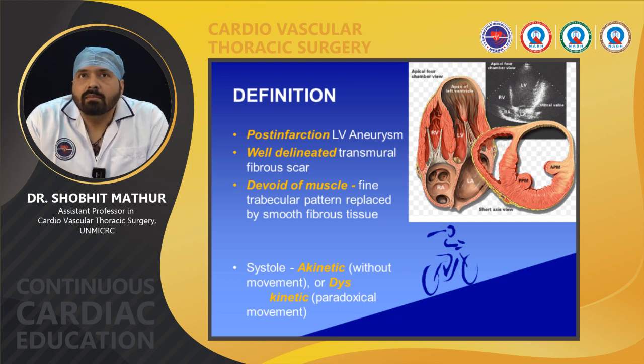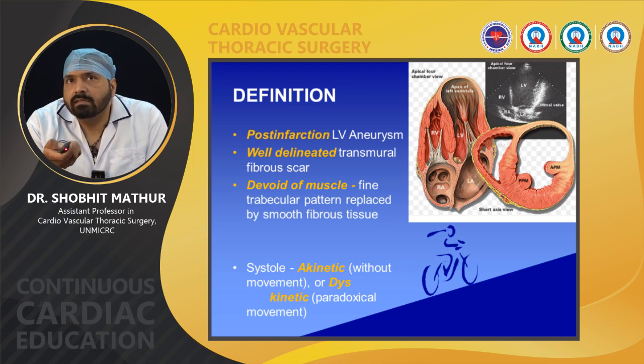I'm also putting up a diagram here, an image that is taken from the internet. This is the LV aneurysm. You can see it is located at the apex. You can very well see that the apex is dilated, the LV wall is dilated. Compare the thickness of the normal musculature of the wall and the aneurysmal wall. It is thinned out.